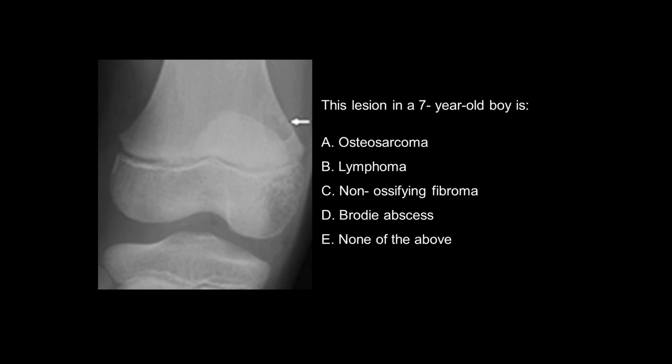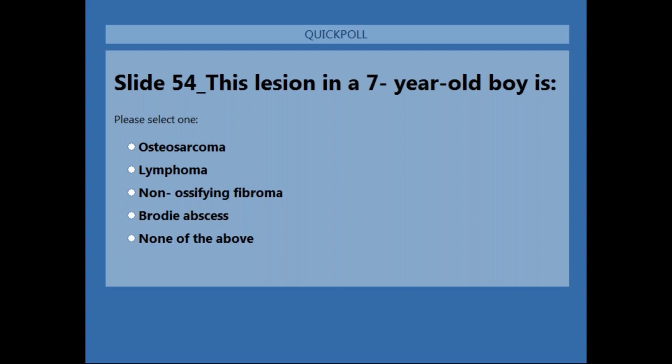Is this a Brodie's abscess? Or is this none of the above? So yet again, here we go. I like these questions because they give me a bit of time to relax. So take your time, please.